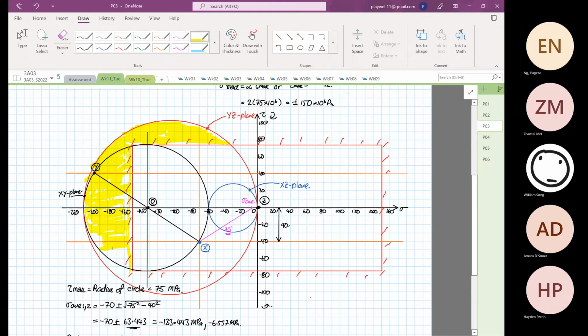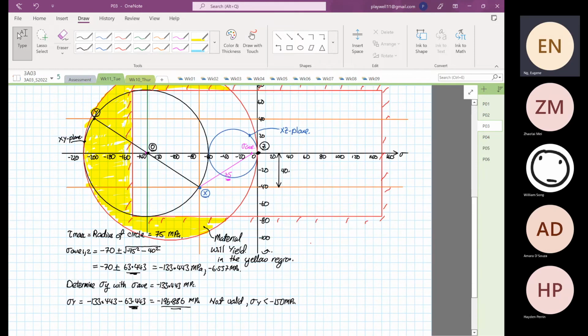So this yellow region and this yellow region is outside the allowable area, such that the material will yield in the yellow region.